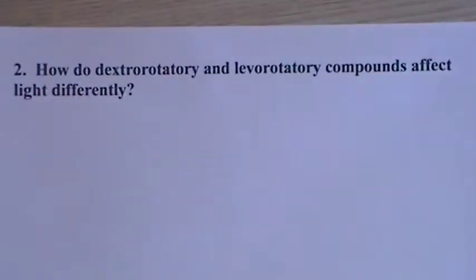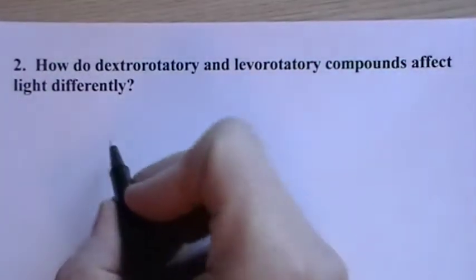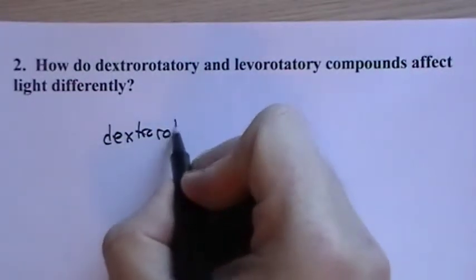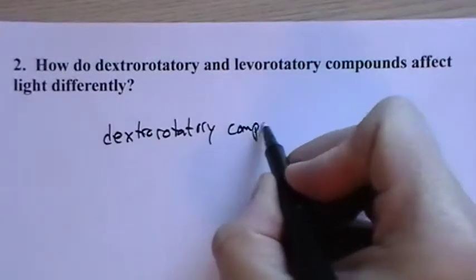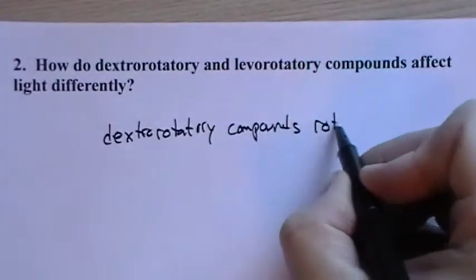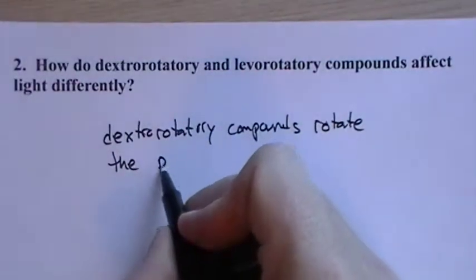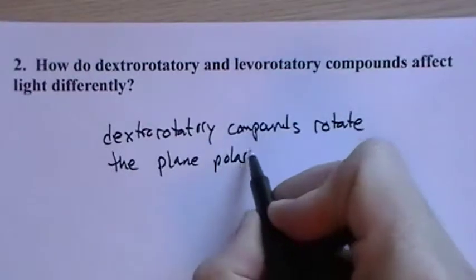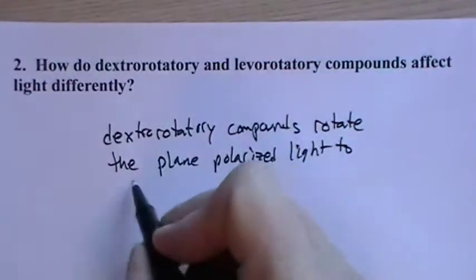How do dextrorotatory and levorotatory compounds affect light differently? Well, dextro means right, levo means left, so dextrorotatory compounds rotate the plane polarized light to the right.